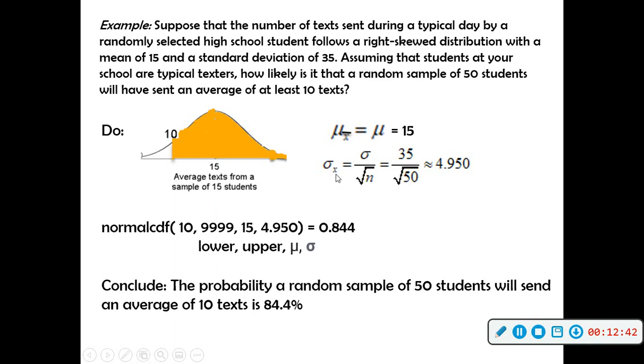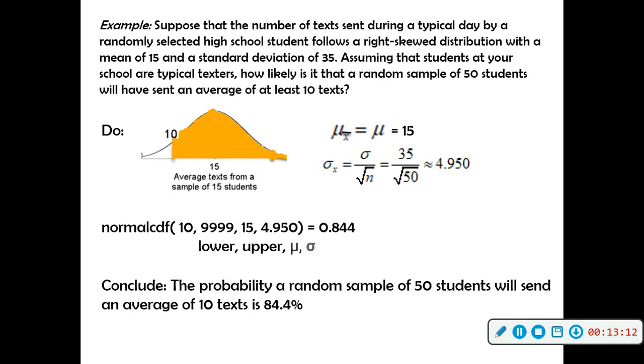I'll make sure that that's corrected in the PowerPoint, but on the key it will be. So the standard deviation of this distribution is going to be equal to the population standard deviation over the square root of my sample size. In our case, our population standard deviation was 35, and our sample size was 50, so our standard deviation is going to be about 4.95.